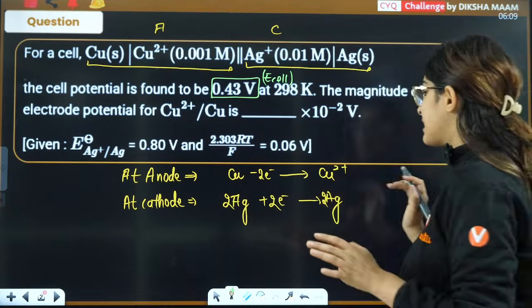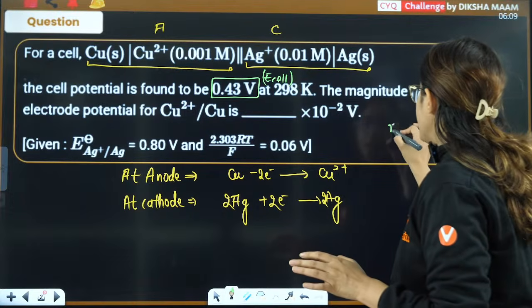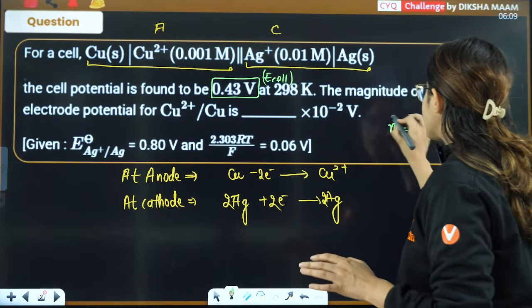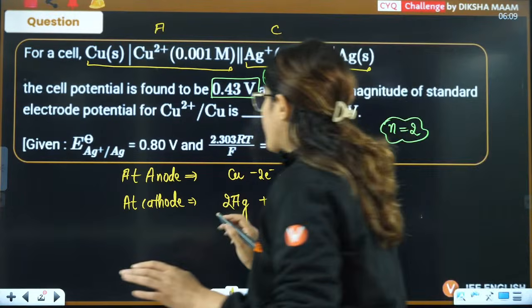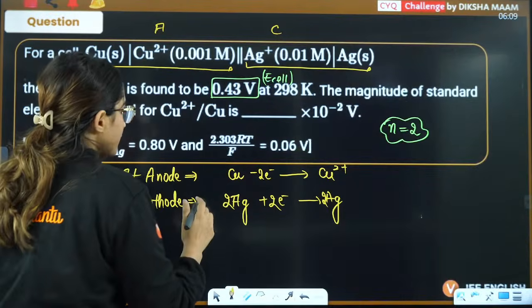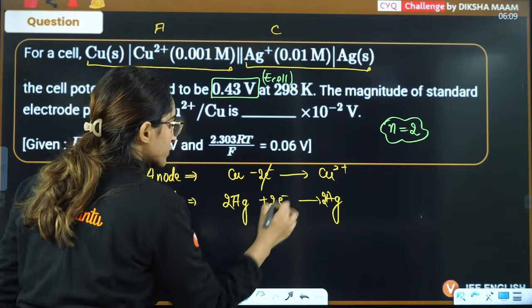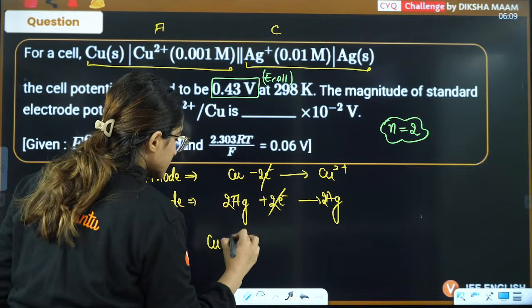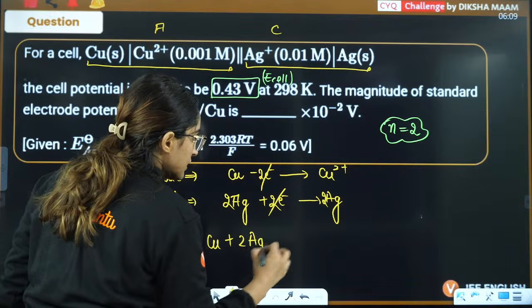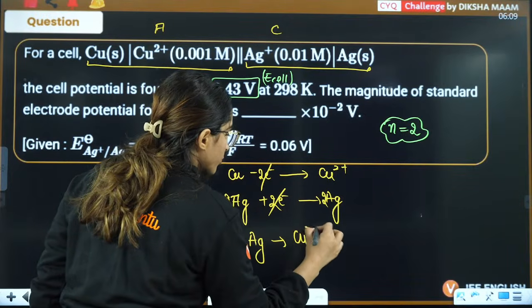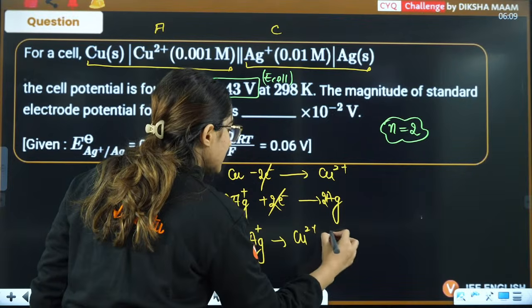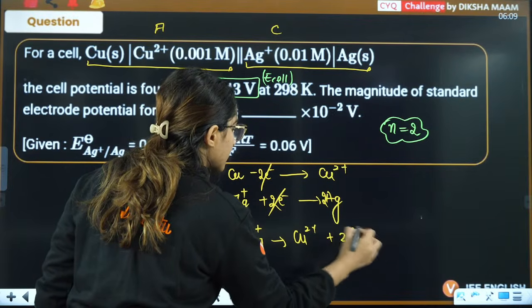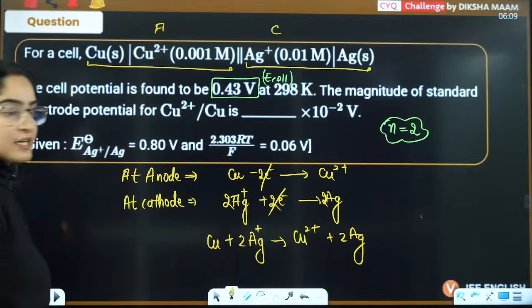That means E cell is given to you, and the number of electrons lost and gained is going to be 2. The overall reaction you can write, these two will be cancelled. So the overall reaction is Cu plus 2Ag positive gives rise to Cu2 positive plus 2 of Ag.